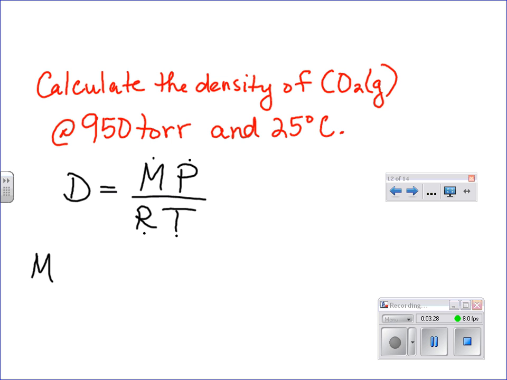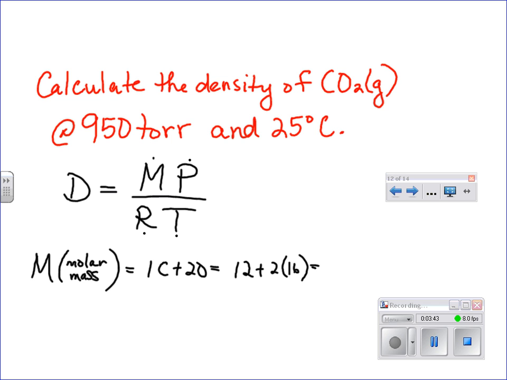So capital M, remember we said, is molar mass. And what's the molar mass of CO2? 1 carbon plus 2 oxygen, which is 12 plus 2 times 16, or 44.0 grams per mole. Okay, pressure.